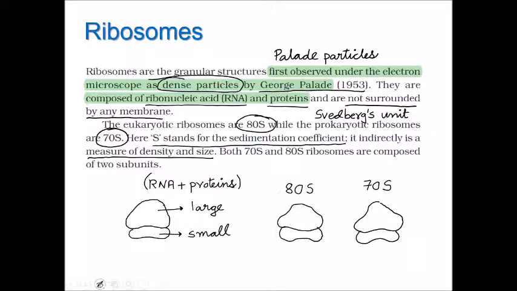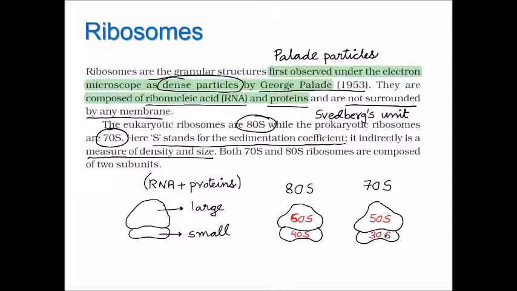Now let's see which subunits are found in 80S. The 80S is made up of 60S, the larger subunit, and 40S, the smaller subunit. In the 70S ribosome, the larger subunit is 50S and the smaller subunit is 30S.